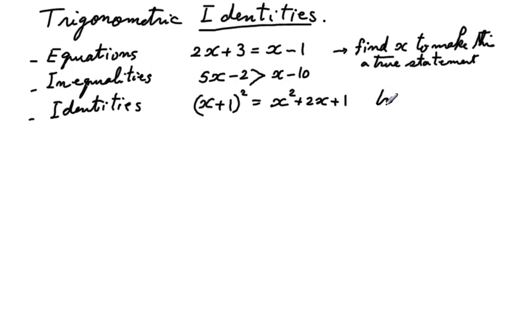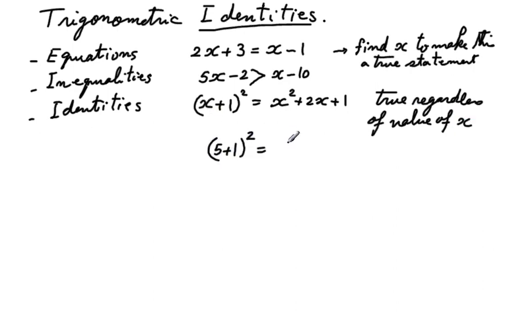So this is true regardless of the value of x. Like for example, if I put 5 here, (5 + 1)^2 = 5^2 + 2 times 5 + 1, because this is 36, and 36 is 25 + 10 + 1.